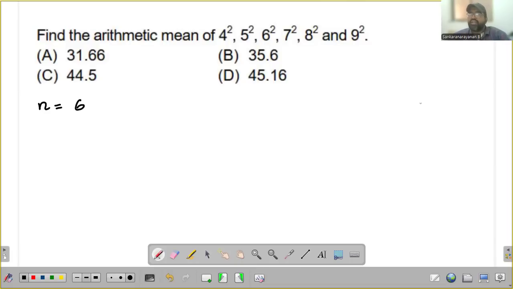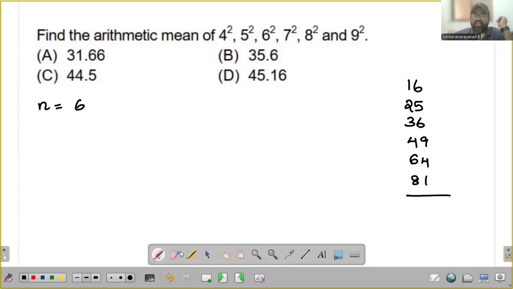So one way is you can find out what is 4 square, what is 5 square, what is 6 square, what is 7 square, what is 8 square, what is 9 square. You add everything together, you will get the sum of observations. Then that sum of observations divided by the number of observations, you will get the arithmetic mean.